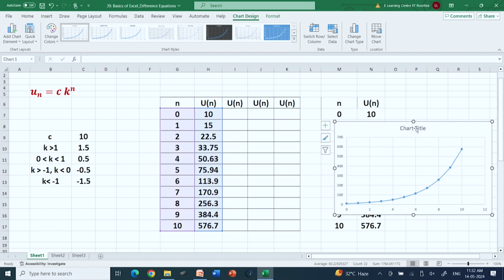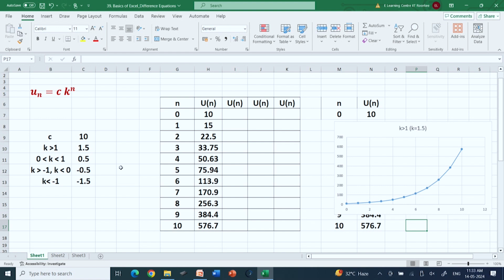If you want to change the title, you can type k greater than 1, and in brackets write k equal to 1.5.